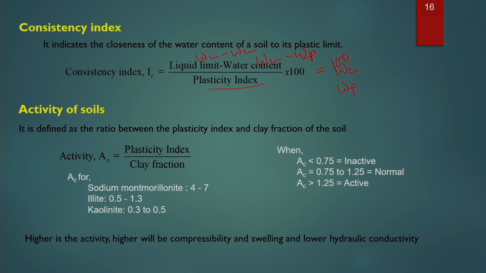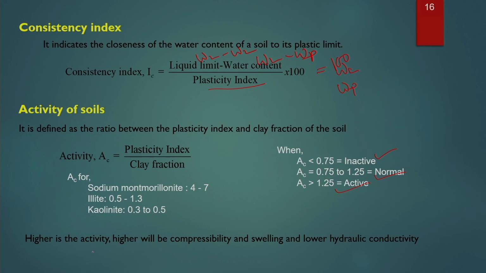For illite, it will be 0.5 to 1.3, and for kaolinite, it will be from 0.3 to 0.5. When this activity is less than 0.75, the soil is termed inactive. When it is between 0.75 and 1.25, it can be termed normal. When it is more than 1.25, it will be known as active.